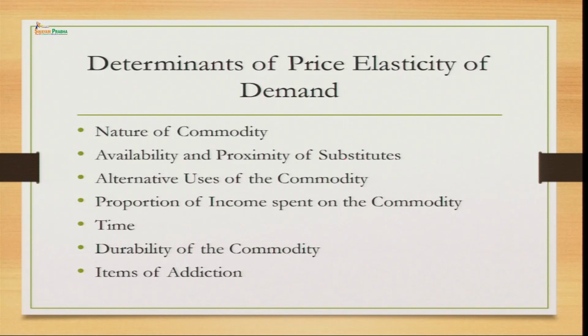Then second is availability and proximity of substitutes. Yes, again this is important. If a substitute of any commodity is available, definitely the demand for that product is elastic, because if the price of that commodity increases, people will shift their demand to another commodity. But if substitutes are not available, suppose you have a petrol car and the price of petrol increases, you will not be able to change your petrol car overnight into a diesel car, right.